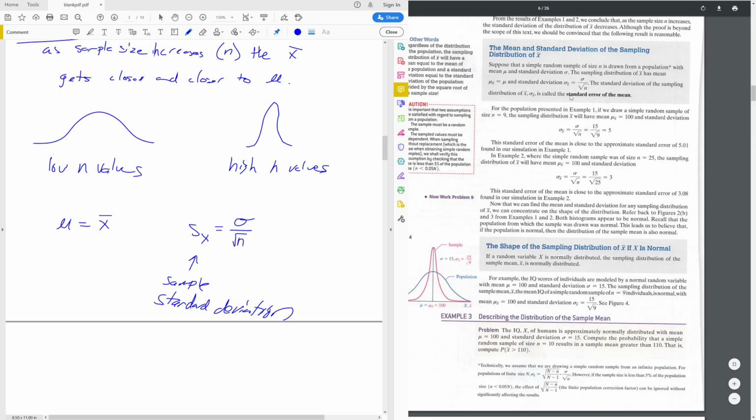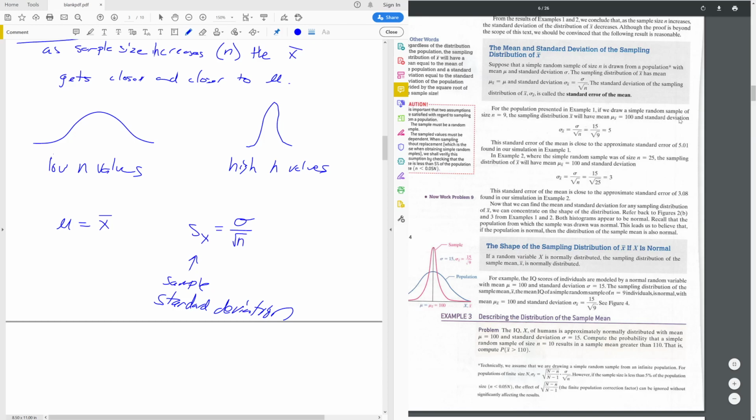Okay, so going down into the book, they also call this sample standard deviation. Here they call it the standard error of the mean. Standard error. They might use other terminologies for it. And you can see, for example, let's say there's a simple random sample of size n equals 9, and the population average is 100, right? The sampling distribution has a mean of 100.